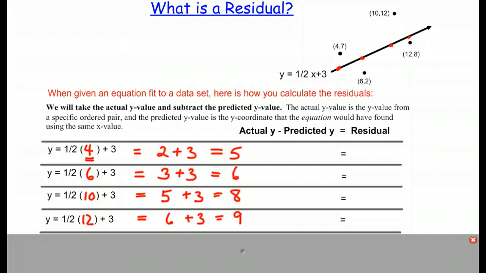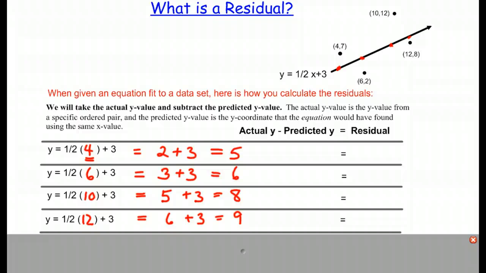See, the line is imperfect. It's not going through all the points. But what it is doing is trying to predict what would y be for any given x. Now, to calculate the actual residual, I have to go actual y minus predicted y. That's how you get the residual. So the actual y is the y of the data point.